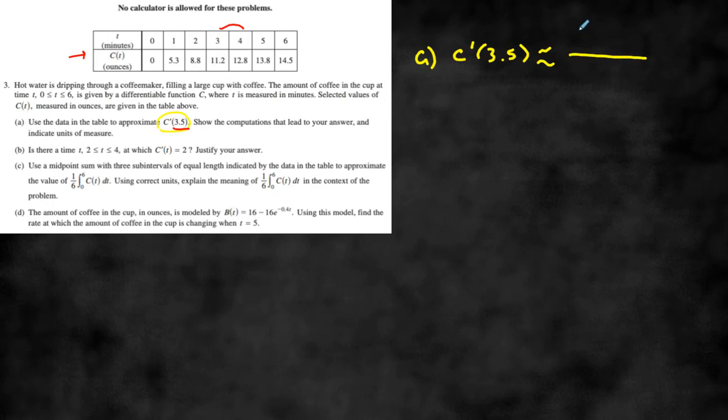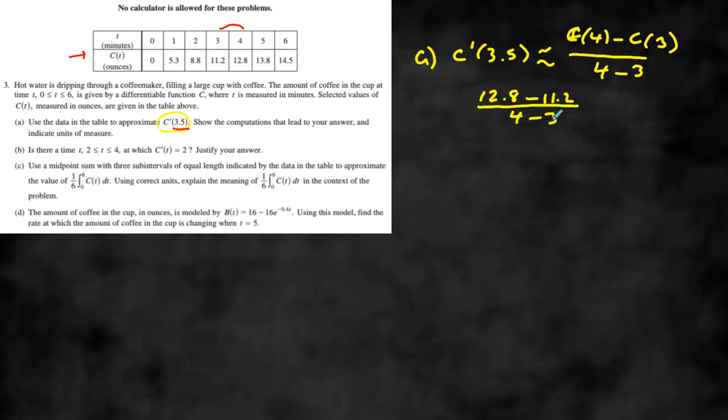That is C of 4 minus C of 3, divided by the change in t values, 4 minus 3. C of 4 is 12.8 minus 11.2, divided by 4 minus 3, and that calculation gets you 1.6. The units of this derivative would be units of C divided by units of t, so ounces per minute. And that's part A.